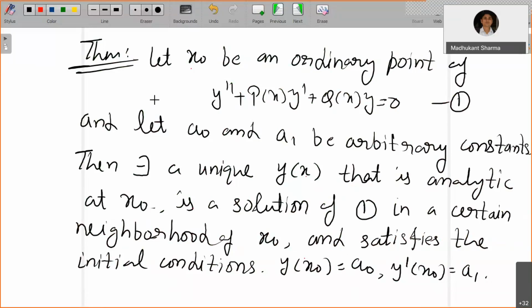So this theorem gives you the guarantee that the power series solution of equation 1 does exist. You have to have the information of whether x naught is an ordinary point of this equation or not. Okay, right.